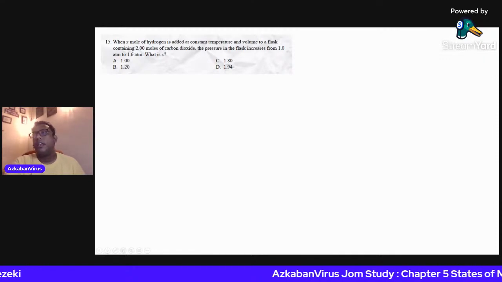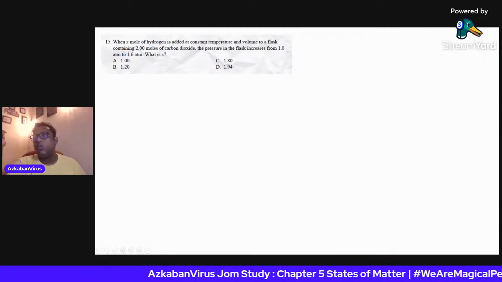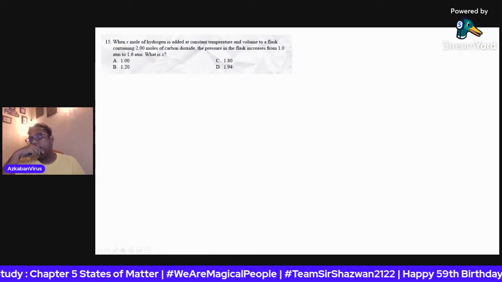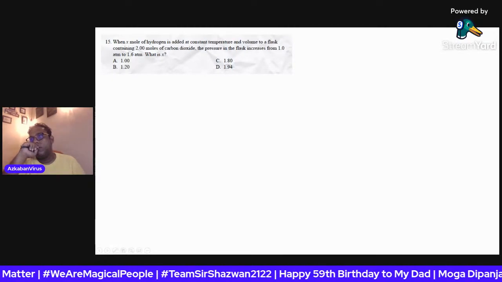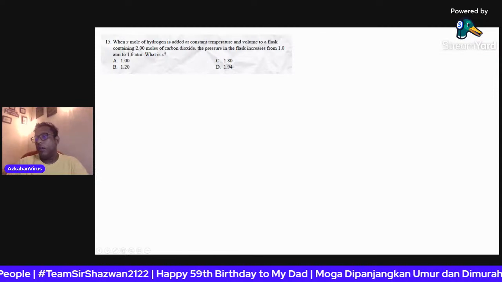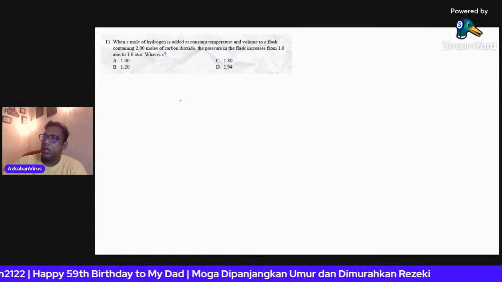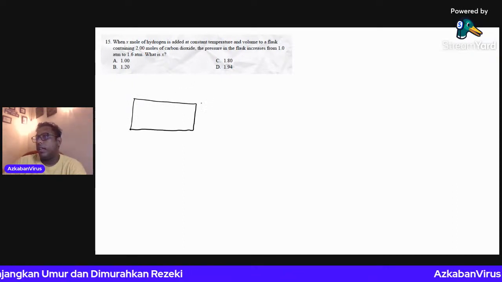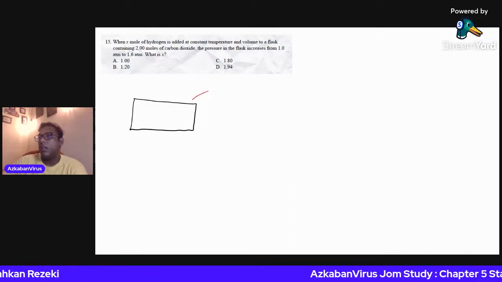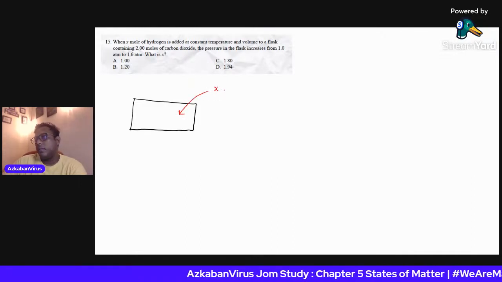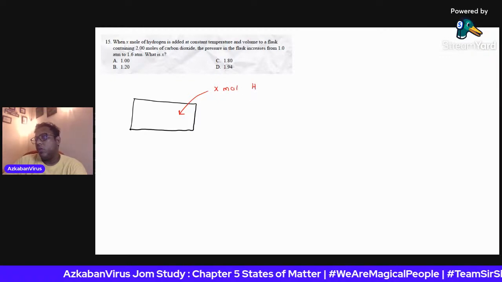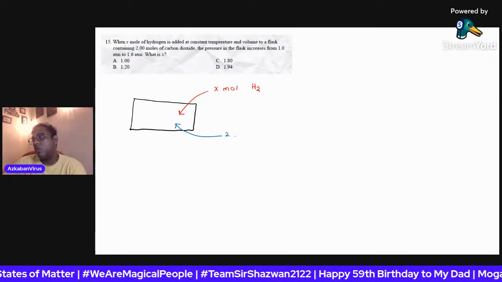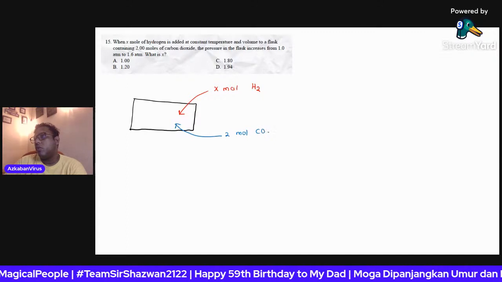When X mole of gas, hydrogen gas, is added at constant temperature into a flask containing 2 mole of carbon dioxide, the pressure in the flask increased from 1 to 1.6 atm. What is the value of X? Okay, so kita ada satu container. Kita masukkan X mole of H2 dan kita dalam tu memang dah ada 2 mole of CO2.